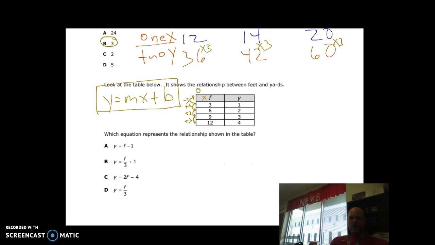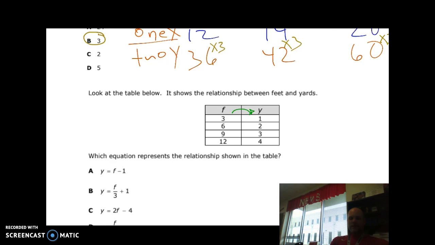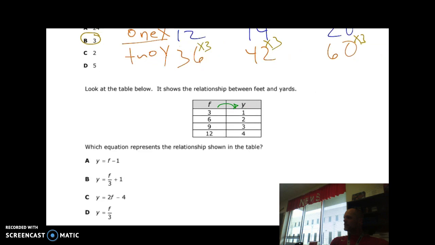When I was doing it, I was just wondering which equation? Like, you divide it? From f to y? You would divide it by 3. Yeah, from f to y, you're dividing by 3. I wasn't sure if that would be correct or not.